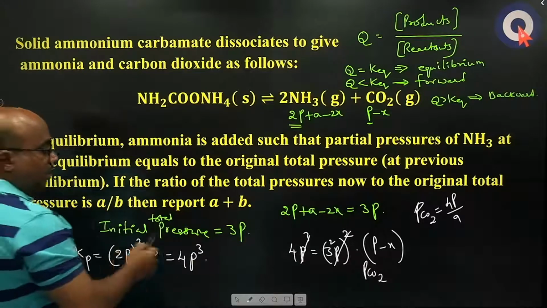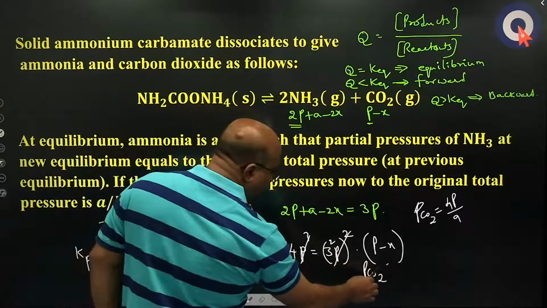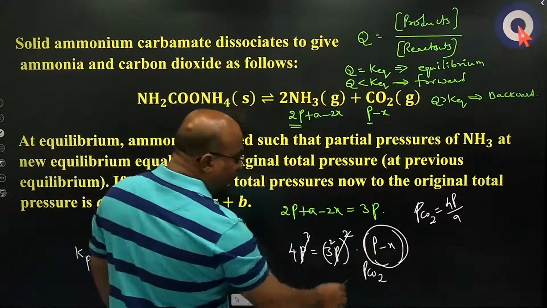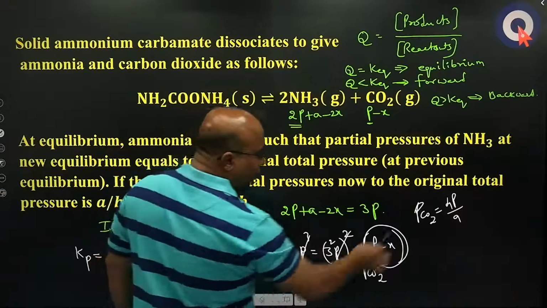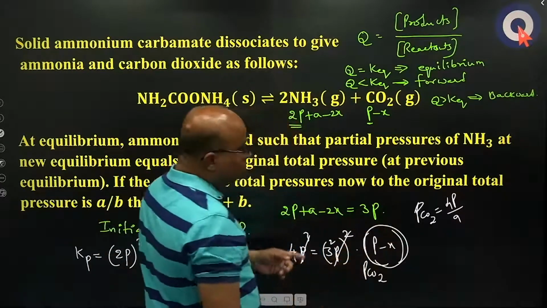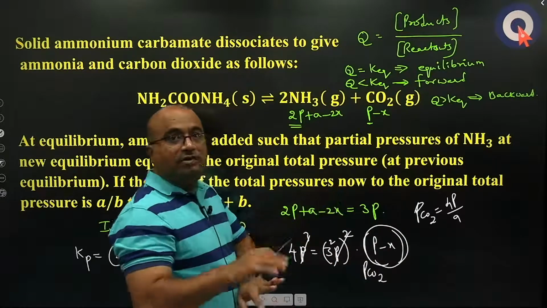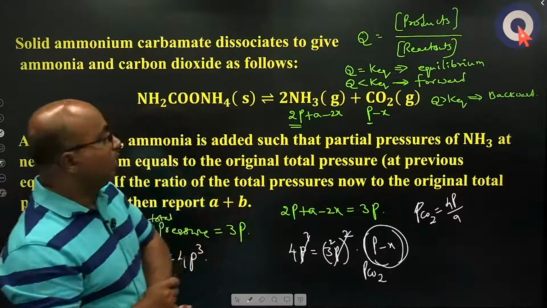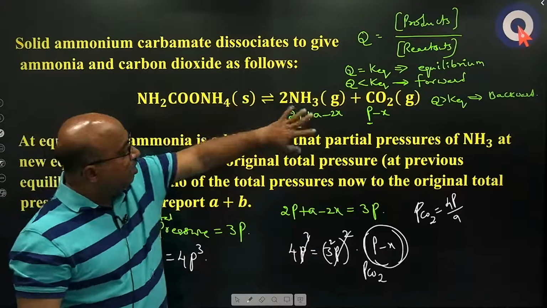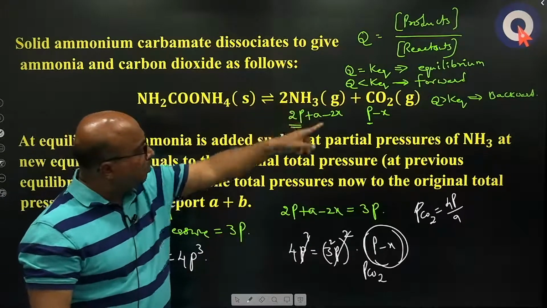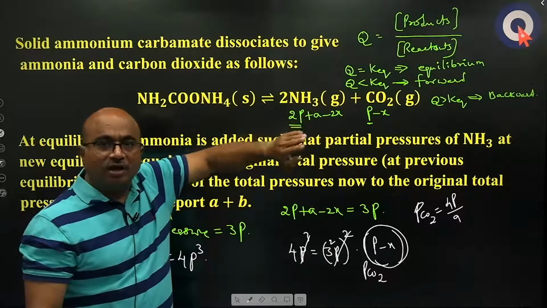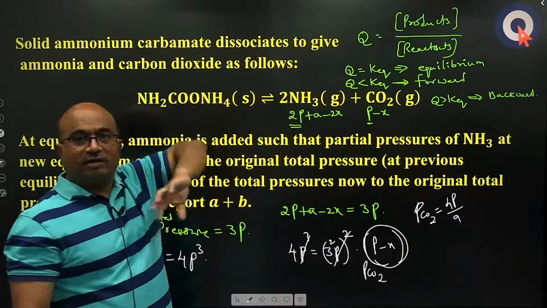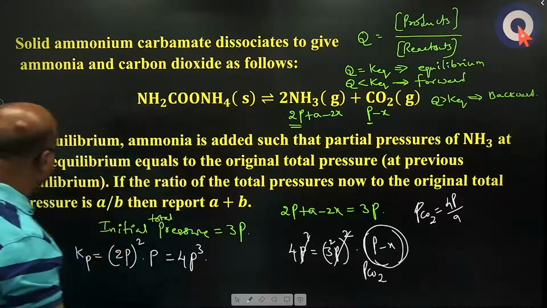So what we have done is, instead of calculating this P minus X also, you can say directly it is better as the partial pressure of CO2, so that we directly get the partial pressure of CO2. Partial pressure of ammonia we know already, it is 3P, clear? But only the way how the reaction proceeds, for that purpose we have written this, but we don't use it anywhere, or we can't use this anywhere to get the solution here, okay?